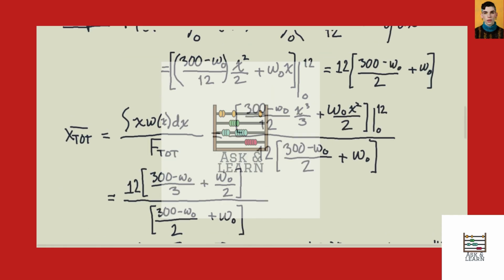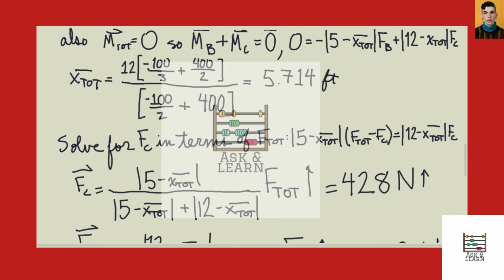Now that we have a numerical value for the location of our centroid, we can plug that in to our sum of torques equation here, which I'm going to underline because it's a very important equation for this problem. So we want to draw our attention back to that.